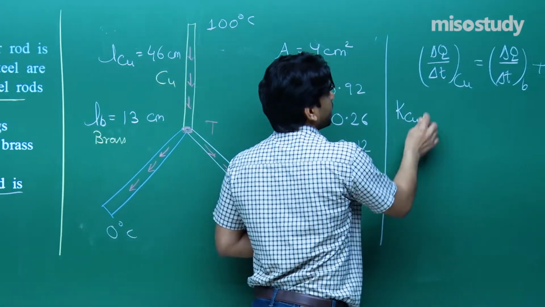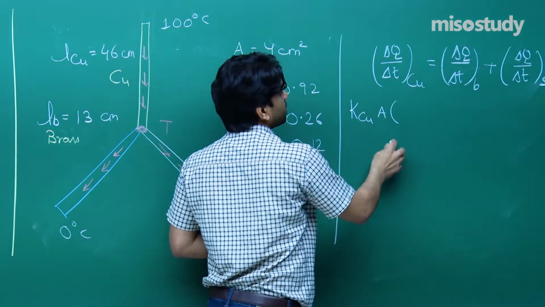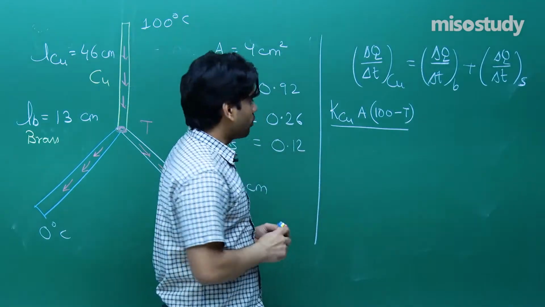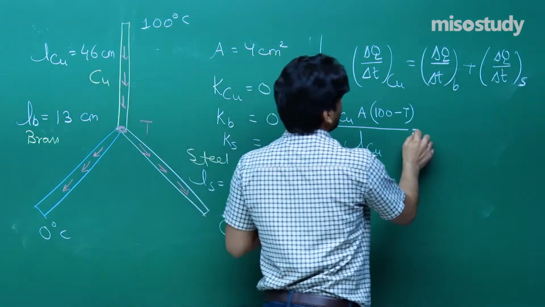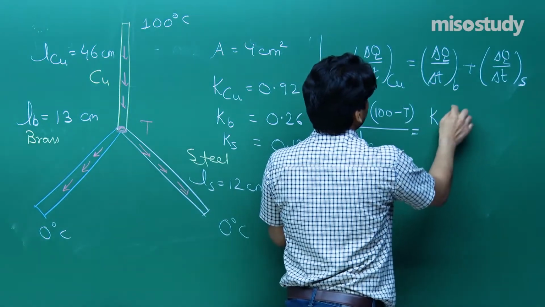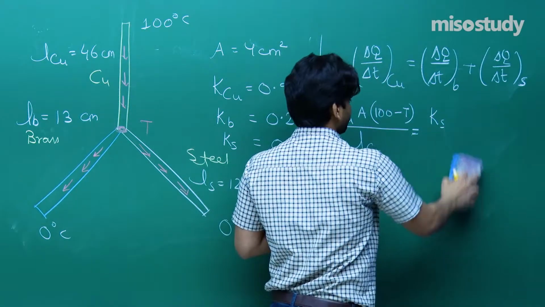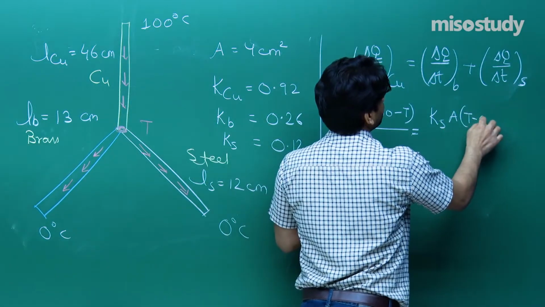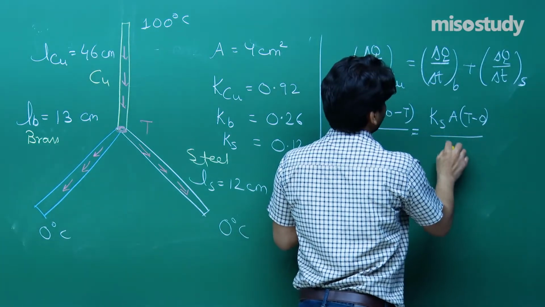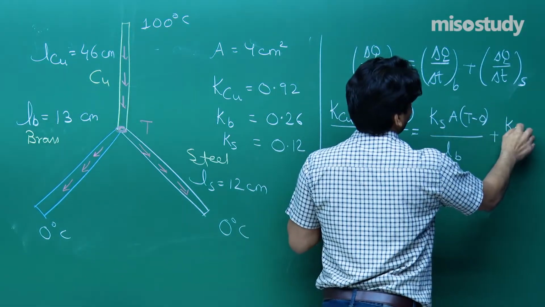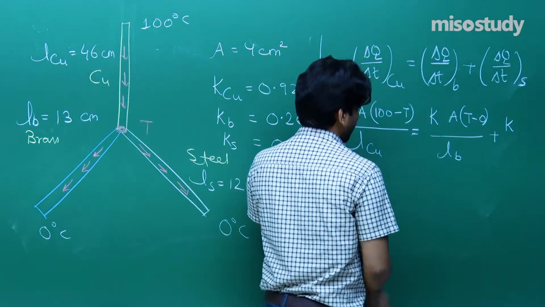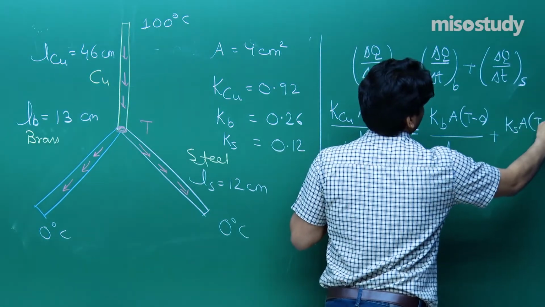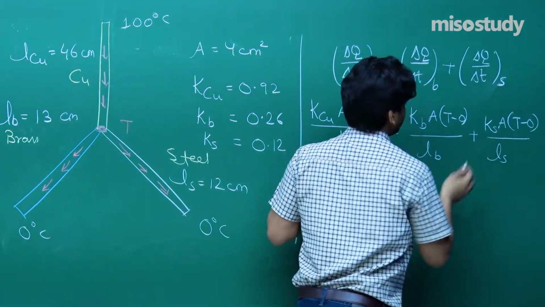K of copper times A times the difference in temperature, 100 minus T, divided by the length of copper, is equal to K of brass times A times the temperature difference T minus 0, divided by the length of brass, plus K of steel times A times T minus 0, divided by L of steel.